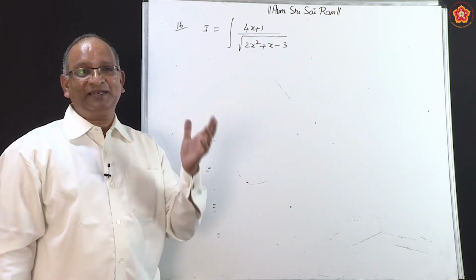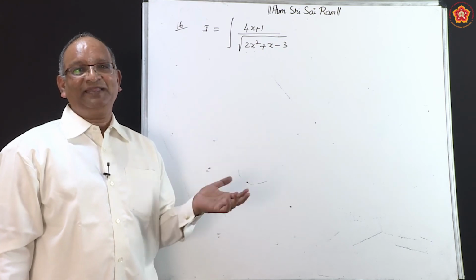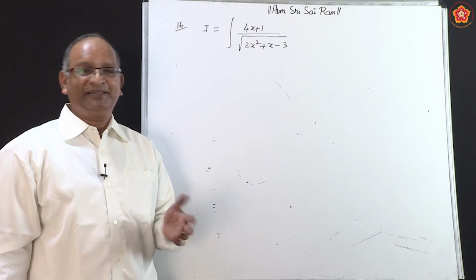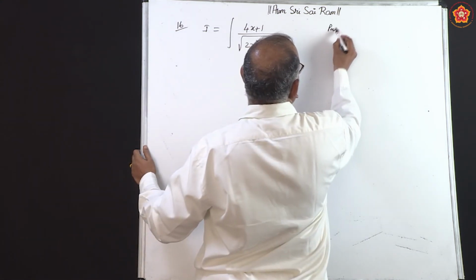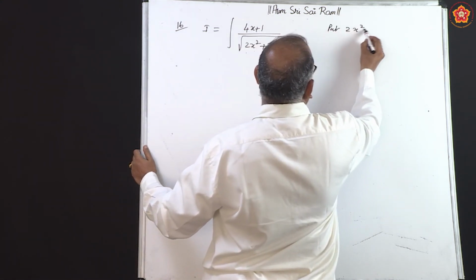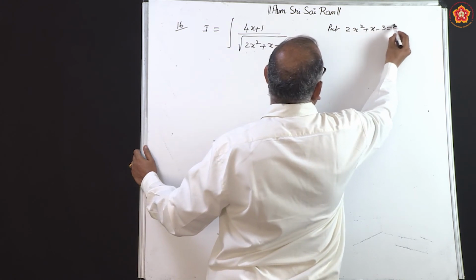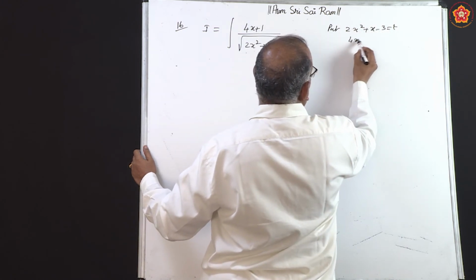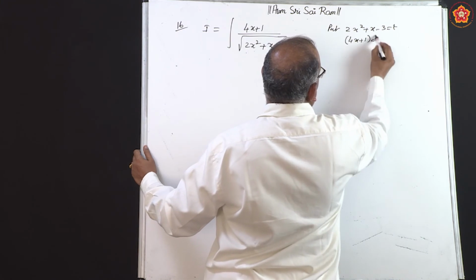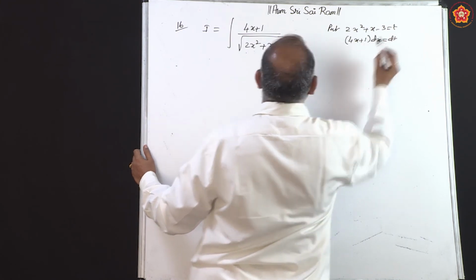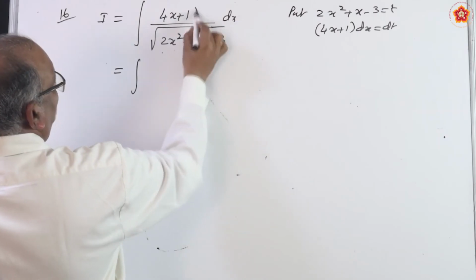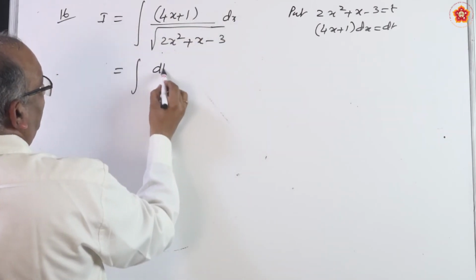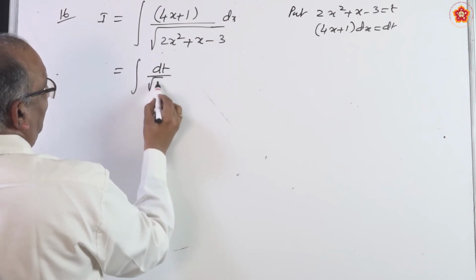Sometimes just by using a little common sense, you will find that the problem is very simple compared to what you assumed. For example, I will assume the denominator as t, that is 2x square plus x minus 3 equal to t. Differentiate both sides. You get (4x plus 1) dx equal to dt. See, it became so simple. (4x plus 1) dx became dt by root t.